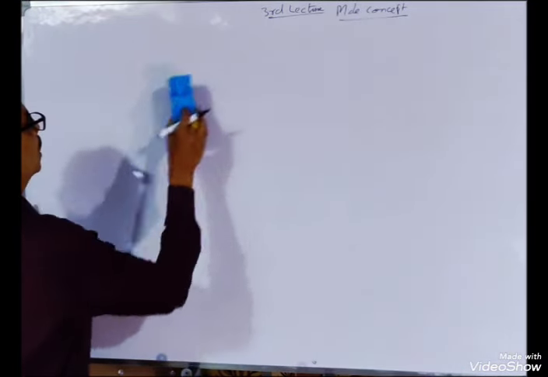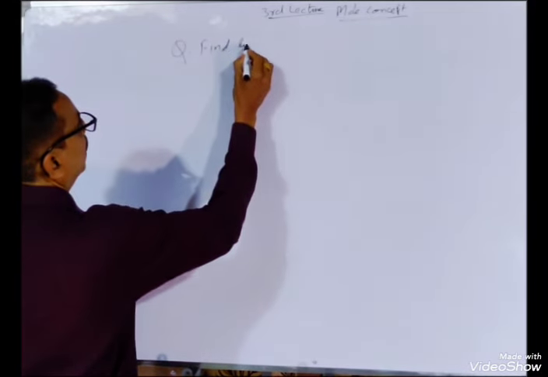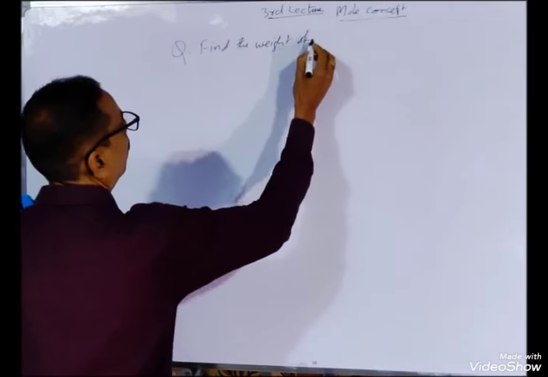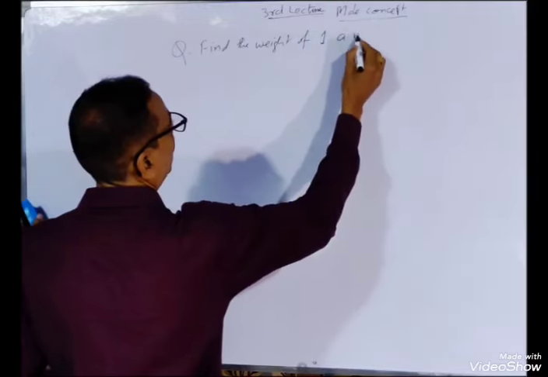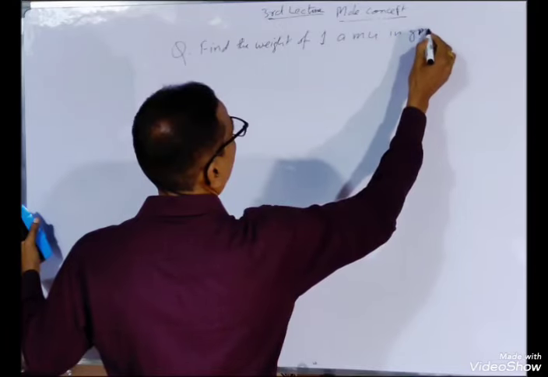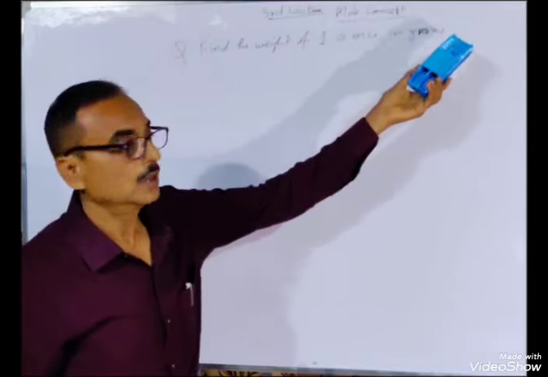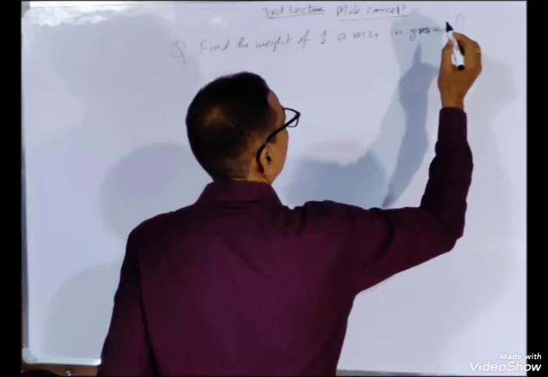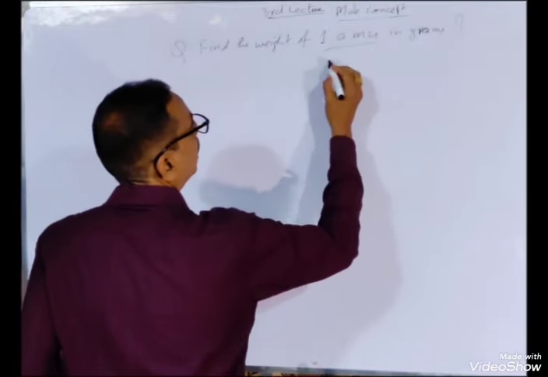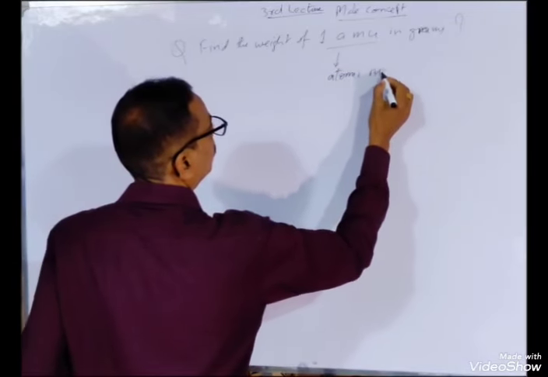We will understand it through a question: find the weight of 1 AMU in grams. AMU stands for atomic mass unit.